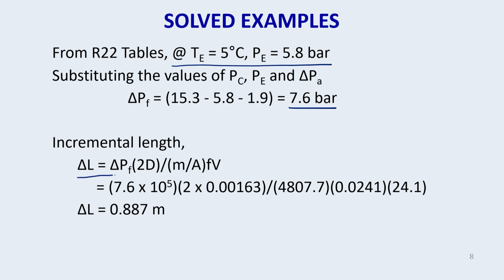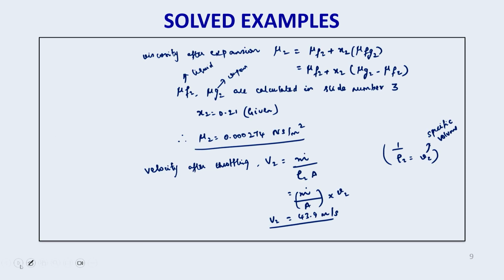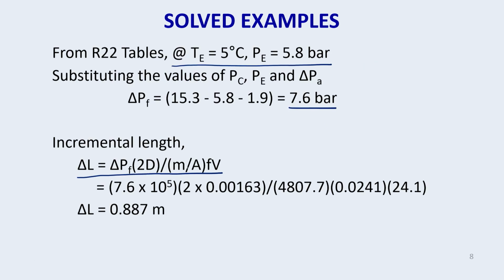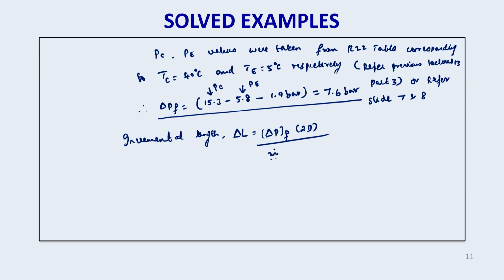This is the formula: delta L is equal to delta PF, the pressure drop due to friction, into 2 times diameter, divided by m dot by A into F into V. Here F is the average friction factor and V is the average velocity.